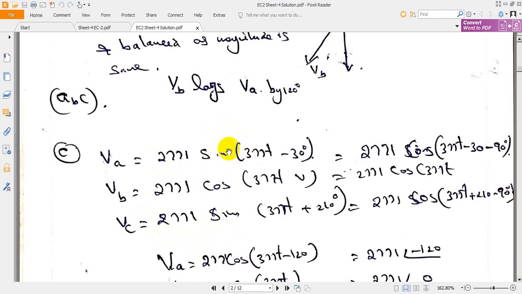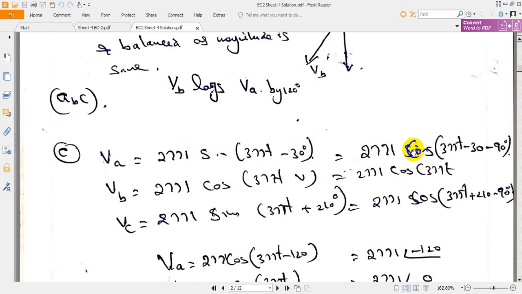So we will convert this sine into cosine function. To change this sine into cosine, we add minus 90.